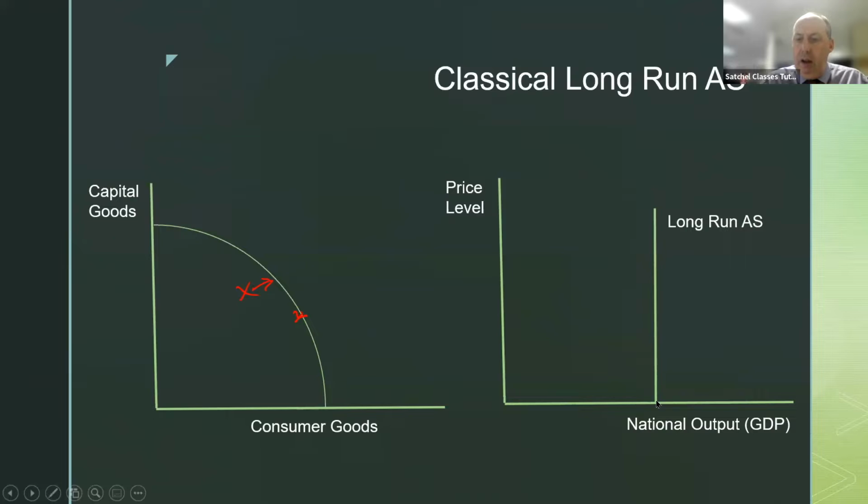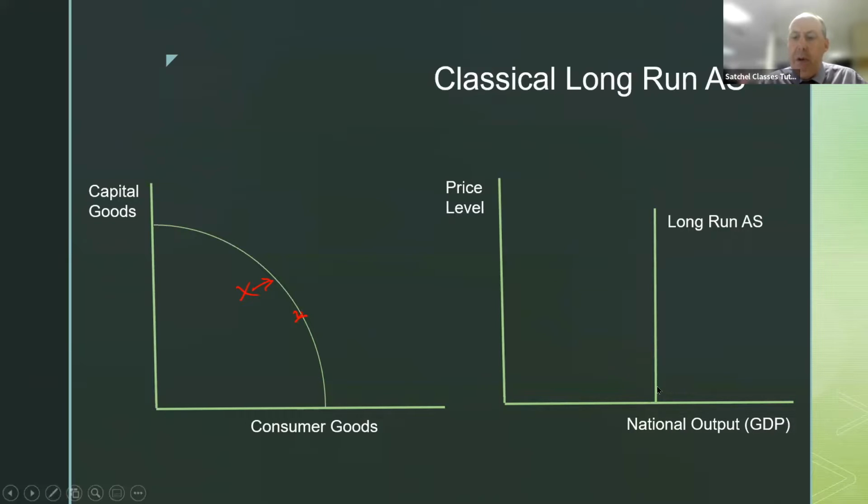So our long run classical AS curve is vertical. That means all our offices, all our factories, all our machinery, all our workers are maxed out. They are working as hard as they possibly can and as efficiently as they can.